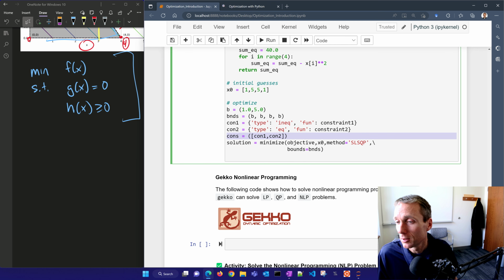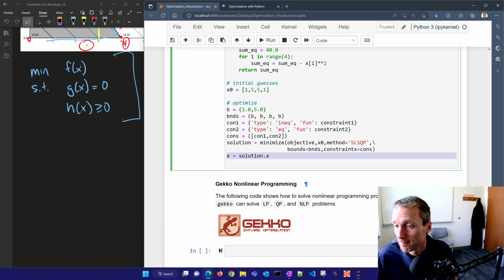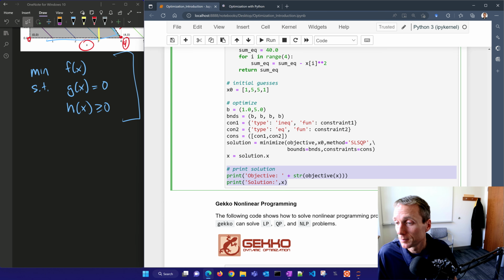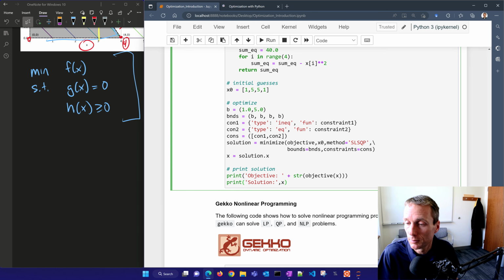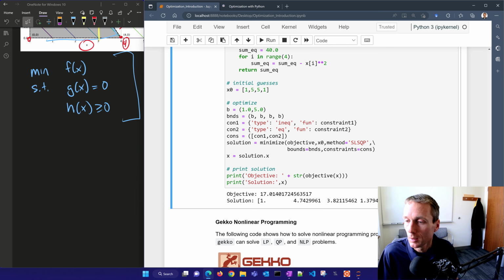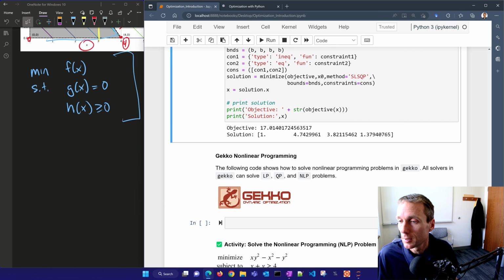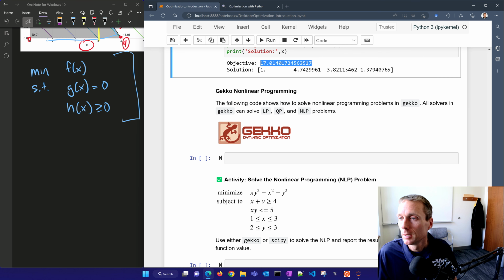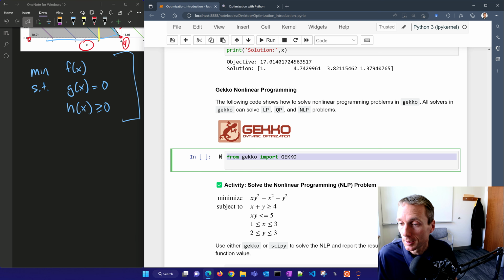So let's put those together as a list and put it there as one of my inputs to minimize. All right, I'll get my solution and then print my objective and my solution. When I solve it, I'll see there are my x values that are optimal, and there's my objective function that's also optimal.